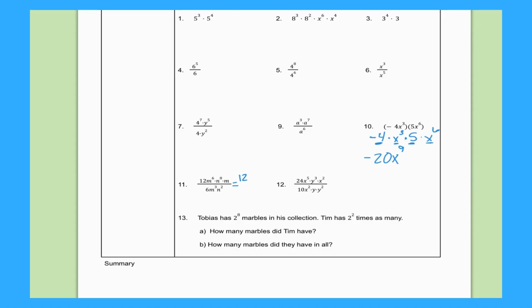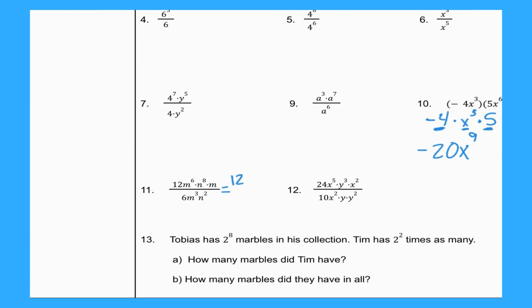So because those bases are the same, m to the 6 and m to the 1 makes m to the 7. And then I still have the n to the 8 that hasn't changed yet. And then I haven't done anything with the bottom, so I'm going to leave that alone.